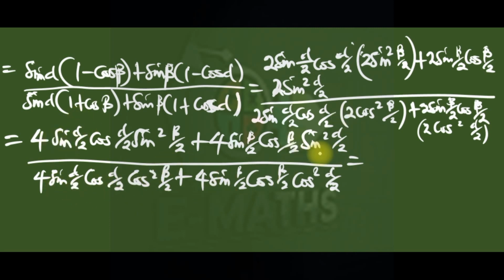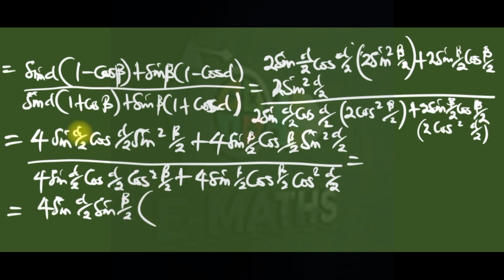Okay, we can factor. 4 is common, sine half alpha is common, and sine half beta is common.